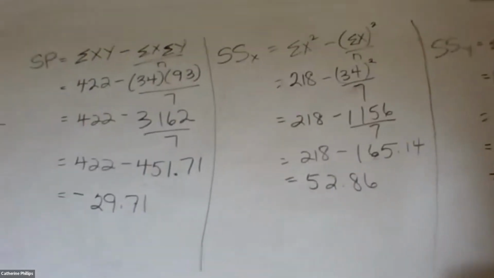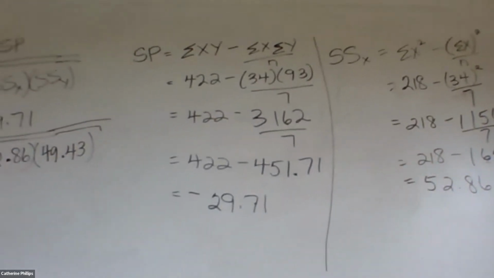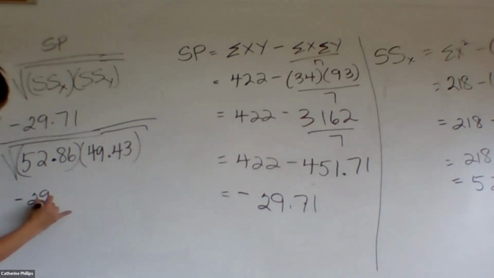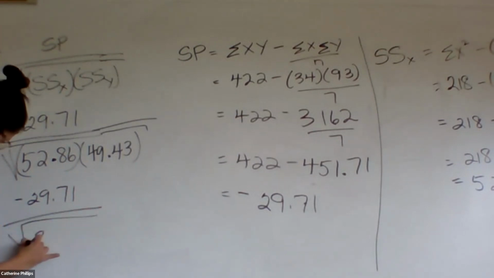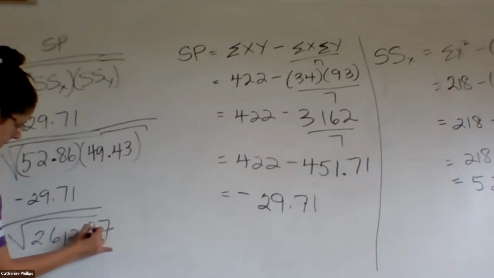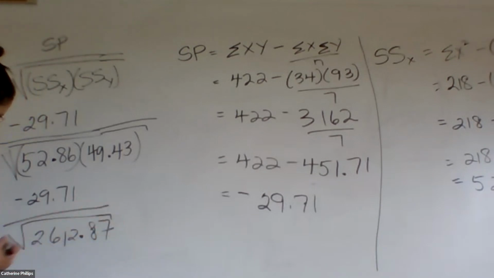So the way that looks is this. If I take 49.43 and I multiply that by 52.86, I get 2,612.87.